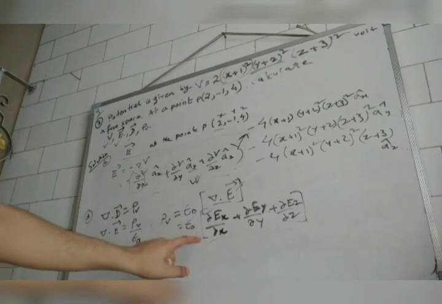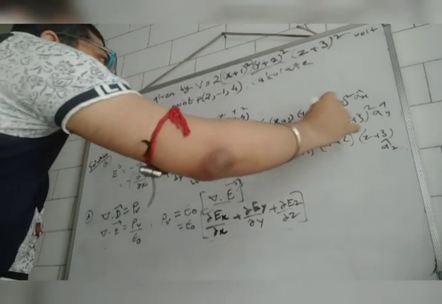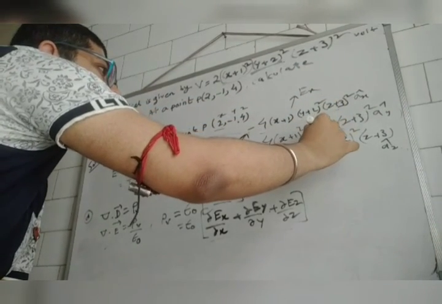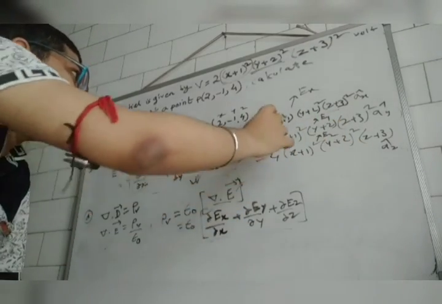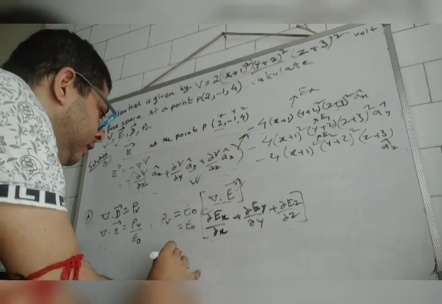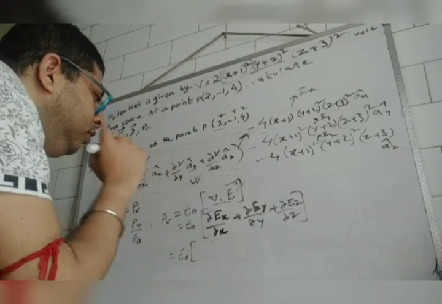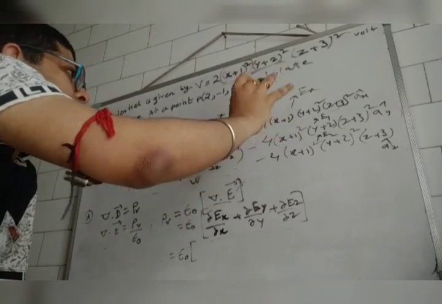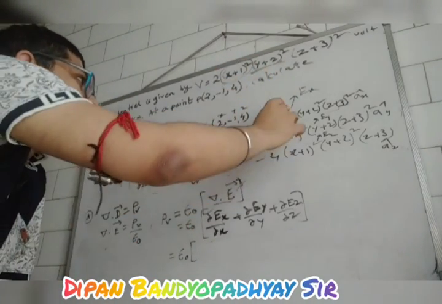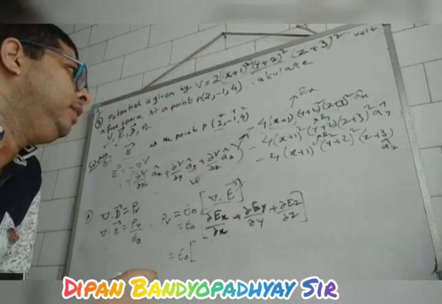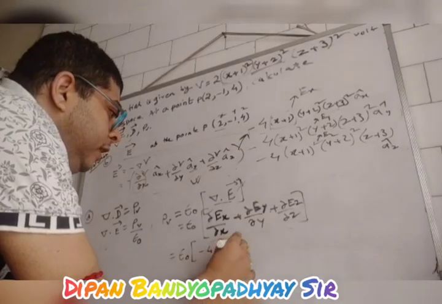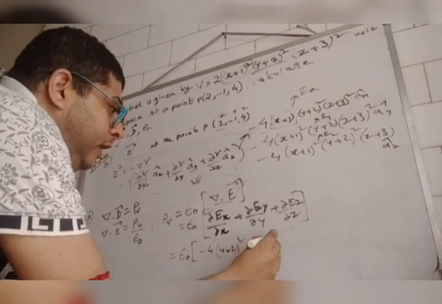Now if you differentiate this with respect to x, this is basically our Ex, this is Ey, this is Ez. The permittivity will remain as it is. If you differentiate, this term will get omitted and will not come into the picture, and the other terms will be present. So we have minus 4 (y plus 2) whole square, (z plus 3) whole square.